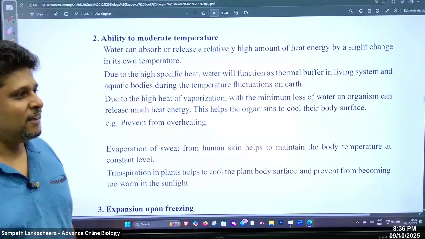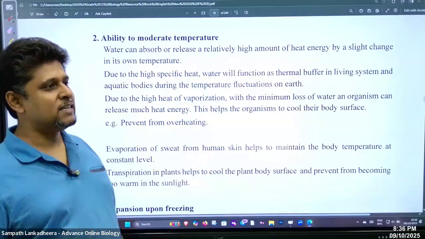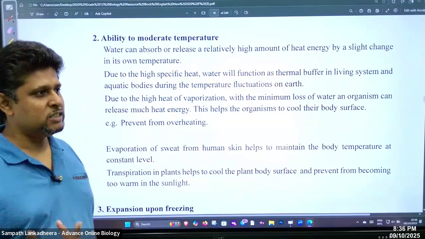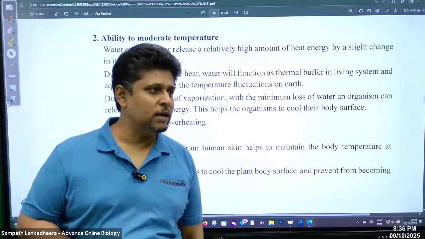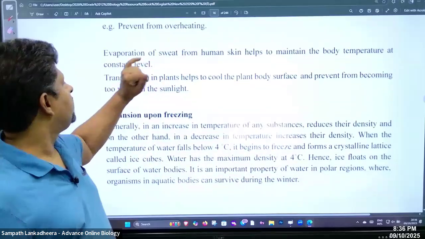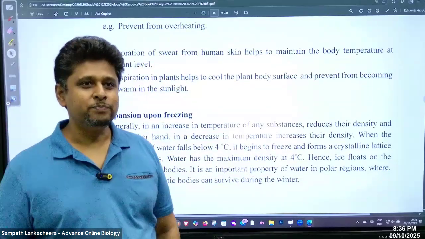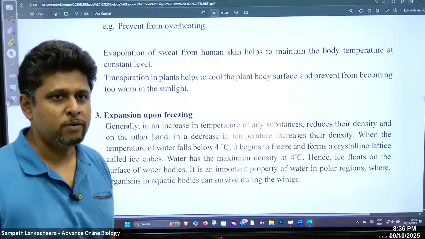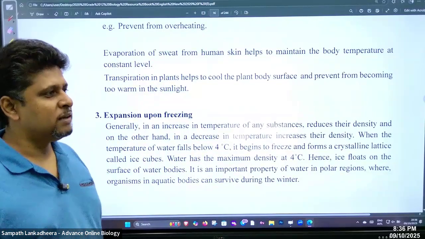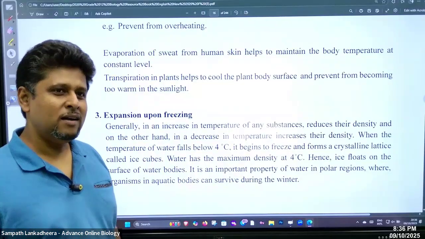And then due to high heat of vaporization, with minimum loss of water, an organism can release much heat. This helps the organism to cool its body surface and prevent overheating, right? So you don't get overheated. Evaporation of sweat from human skin maintains body temperature. We learn about evaporation and transpiration.